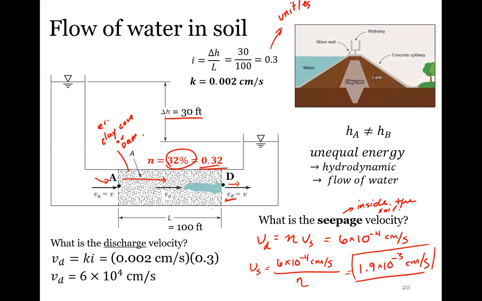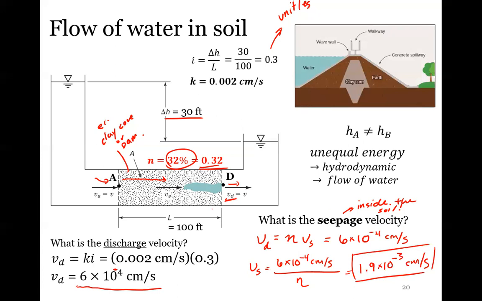Because look, the discharge velocity is times 10 to the negative 3. Sorry, that should be negative 4. Yeah, that's a typo. The discharge velocity is times 10 to the negative 4, but our seepage velocity is higher than our discharge velocity.